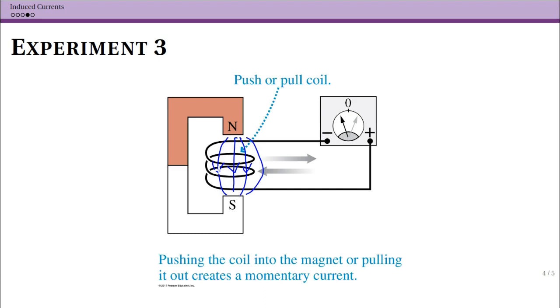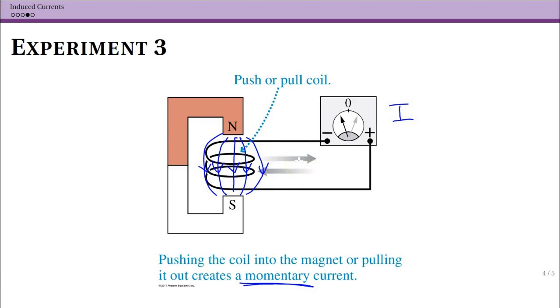So it looks something like that. Notice that this wouldn't be exactly a uniform field. And so as we pull or push the coil in or out, we again get a current. And again, keep in mind that we must be actively moving it. We're only getting a momentary current. So if we just let our coil sit there, nothing happens.